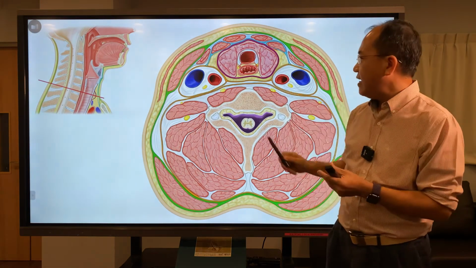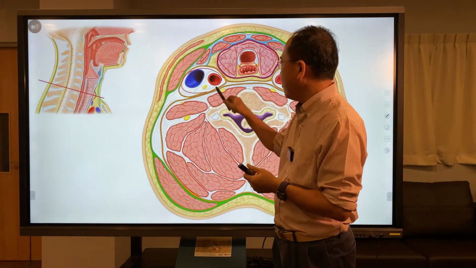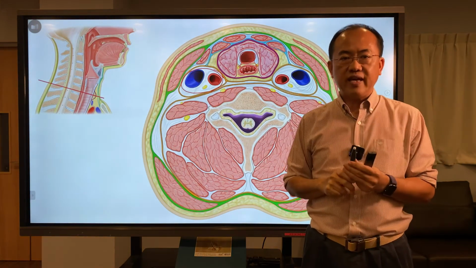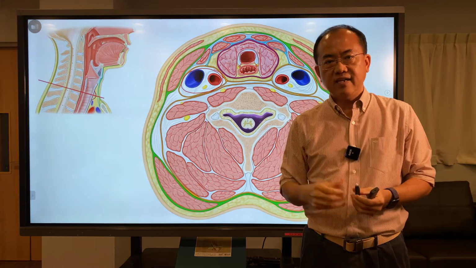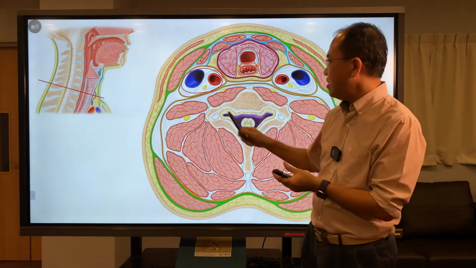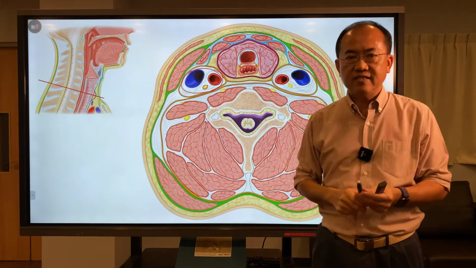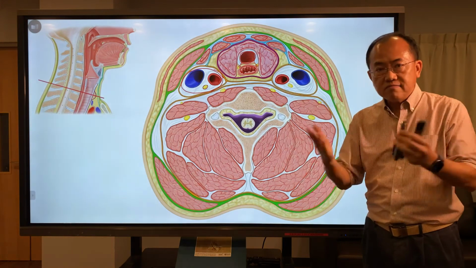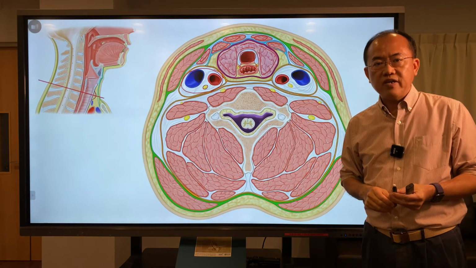Posterior relations of the thyroid gland will be the carotid sheath and contents: the carotid artery and bifurcation, the internal jugular vein, and sandwiched in between, the vagus nerve. That will be the relations of the lobe of the thyroid.